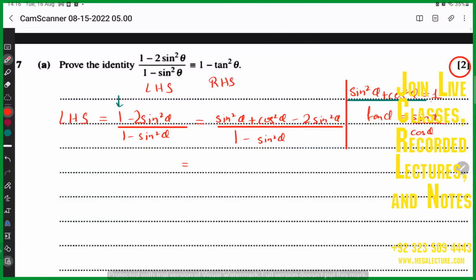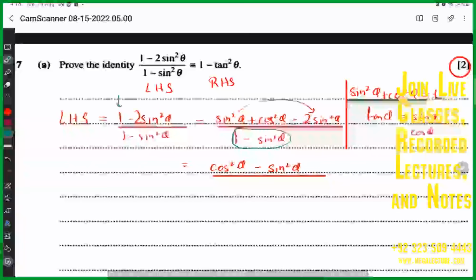Okay, now sine square theta minus 2 sine square theta can be written as minus sine square theta. So cos square theta would come here directly, and I have just subtracted sine square and minus 2 sine square theta. This would give me cos square theta minus sine square theta, divided by, now for the denominator, I have 1 minus sine square theta.